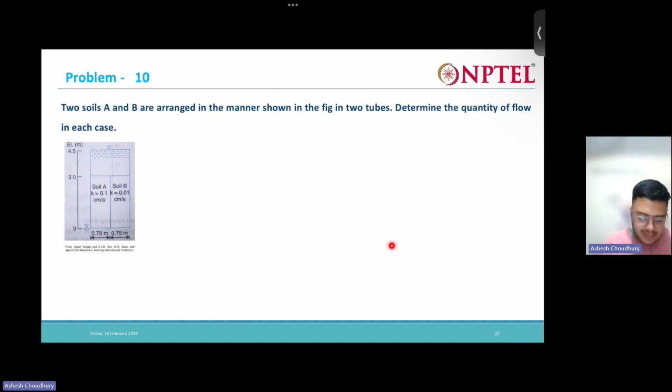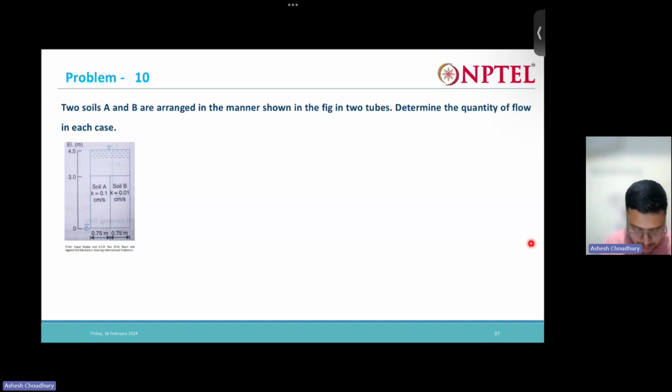So this is also quite similar, but here what is happening is that the flow is occurring simultaneously in both the soils.